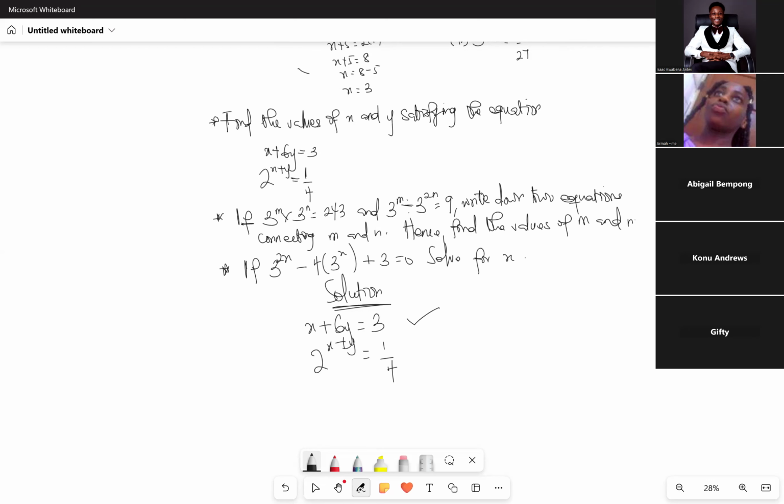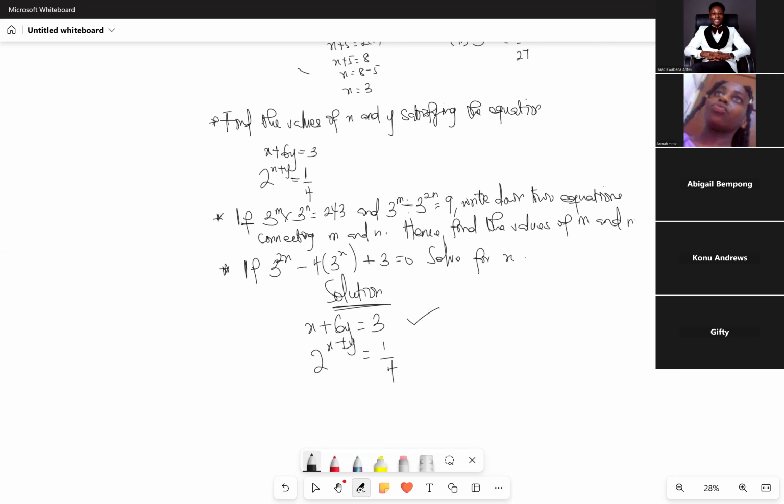And that same number you thought for x, when you have 2 raised to the power of that number you had for x plus that number you had for y, the answer will give you 1 over 4. So look for that.